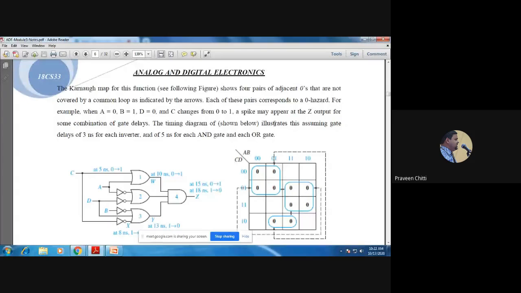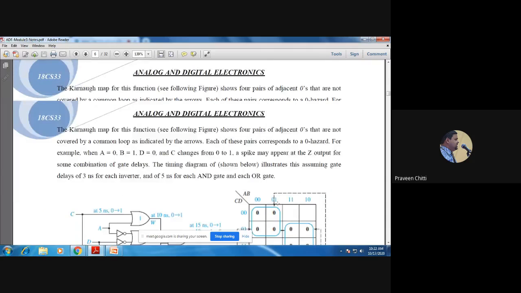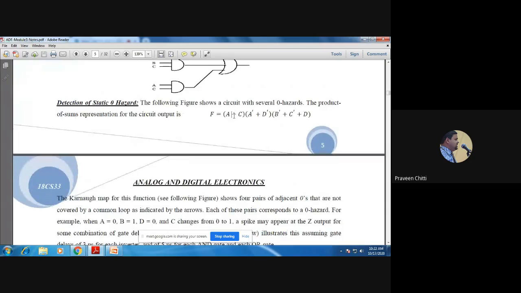When I map that into the K-map, I get this kind of K-map. There is one quad, there is another quad, and there is one pair. Corresponding to two quads and one pair, we get this answer.